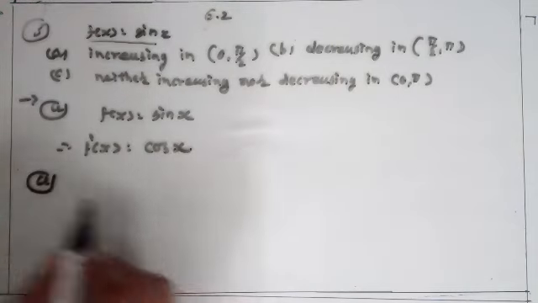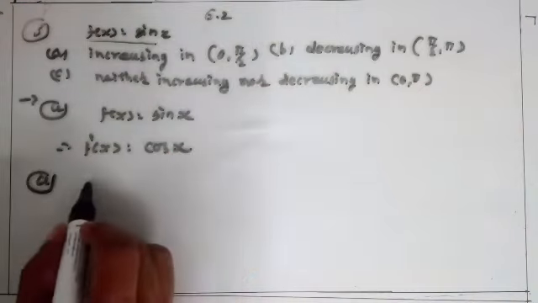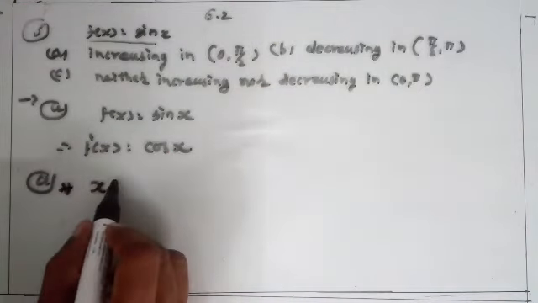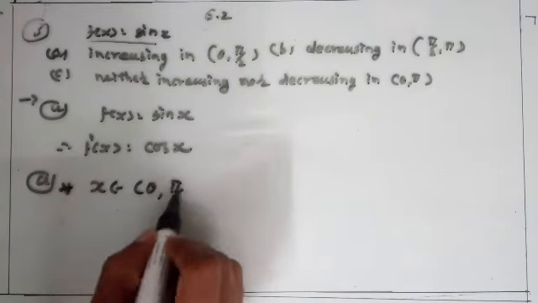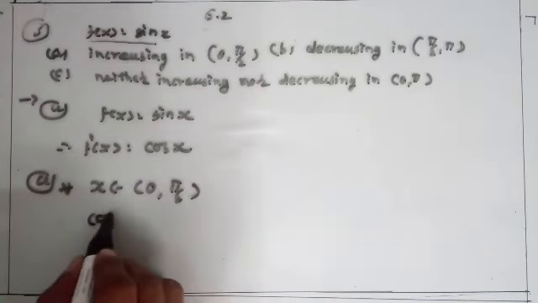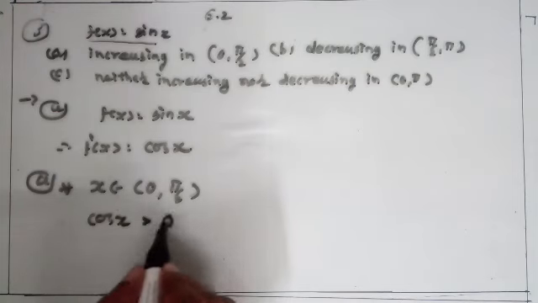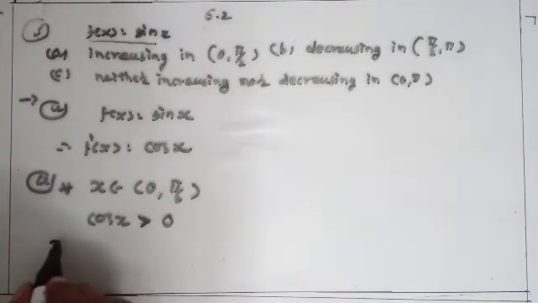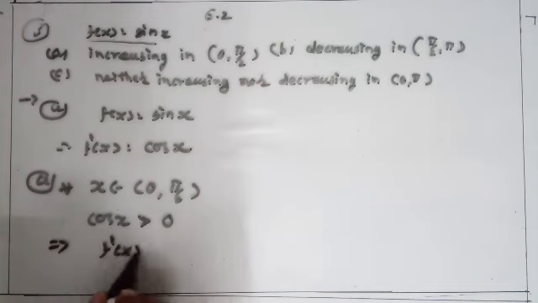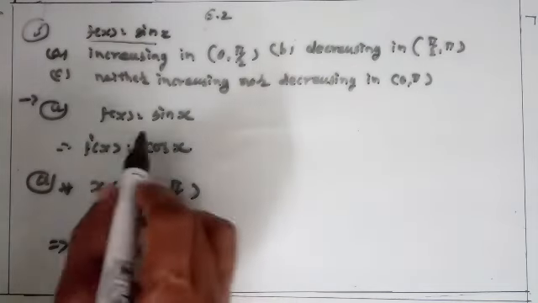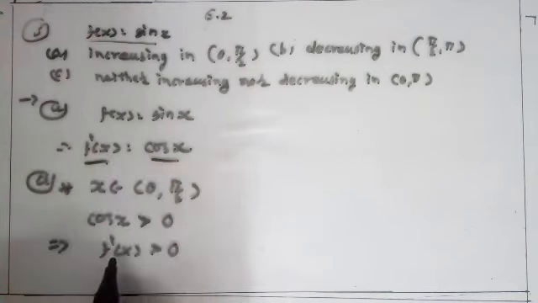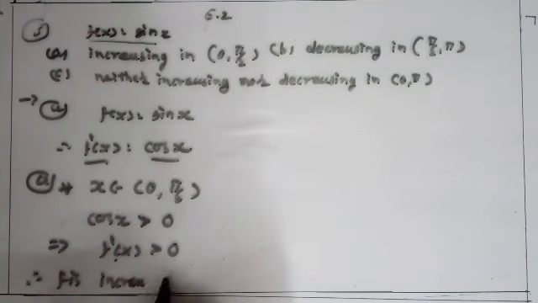Now for part A, for all x belongs to (0, pi by 2), cos x is greater than 0. This implies f dash x greater than 0, because cos x is equal to f dash x. Therefore, f is increasing in (0, pi by 2). Clear?